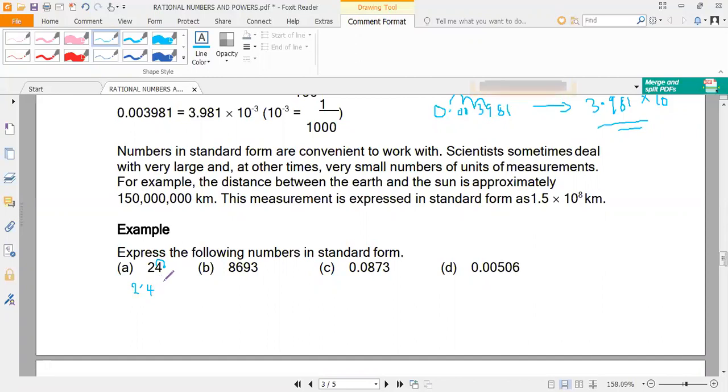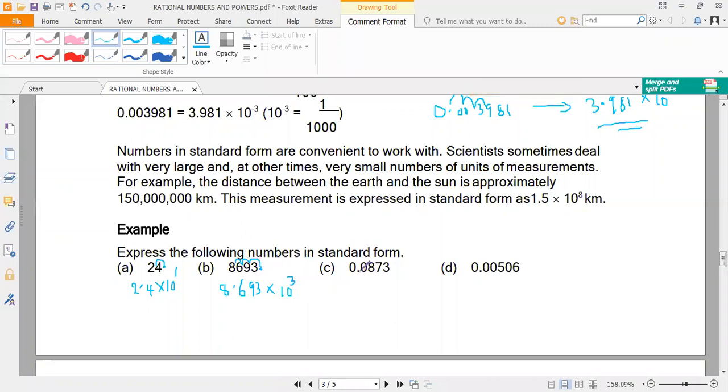The decimal point moved backwards, so the power will be positive, and 1 step, so the power is 10 to the power positive 1. In this next case, the decimal point is here. We shall move it 1, 2, 3 steps backwards. So the answer is 8.693 times 10 to the power 3, since we moved 3 steps backwards.